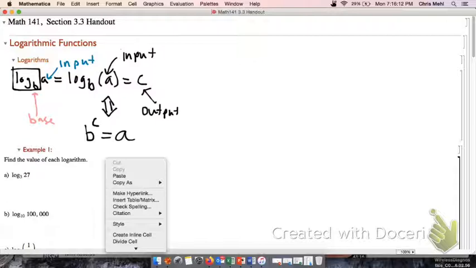And basically, if I think about the exponential function base b, c now becomes the input, and a now becomes the output. Sorry, I know I'm all over the place. I'll clean this up a little bit later.